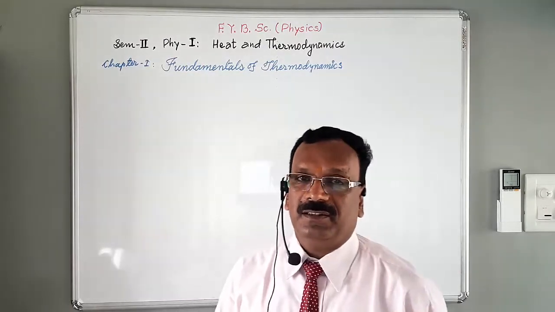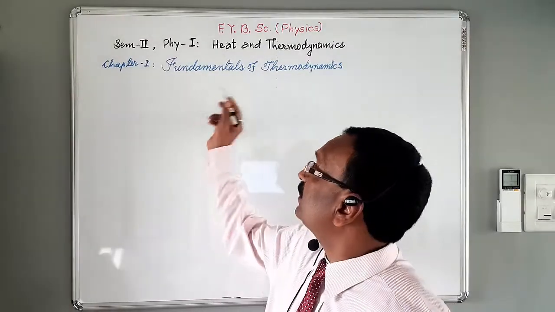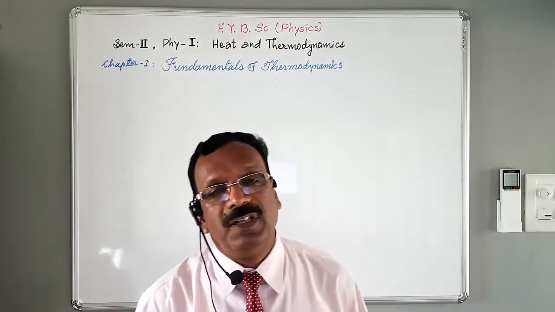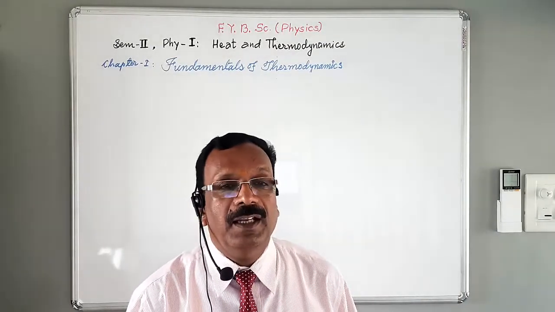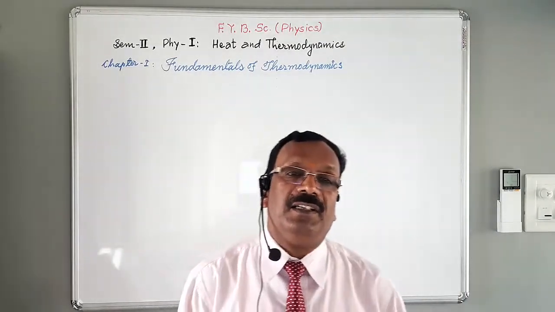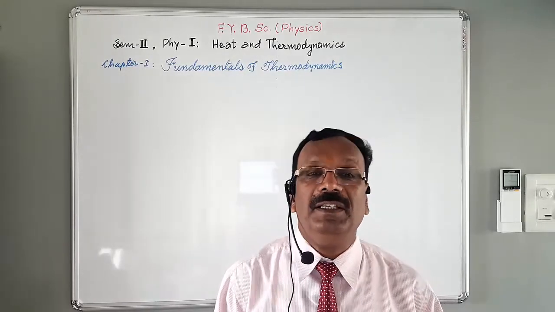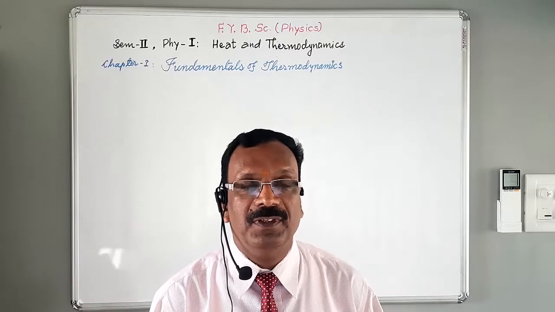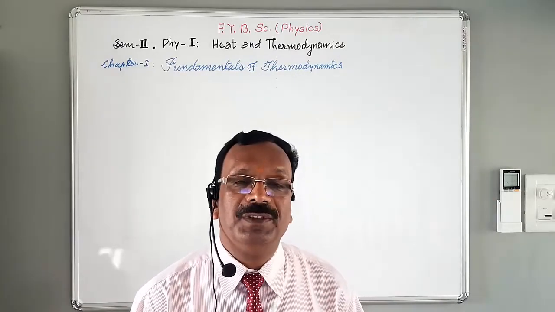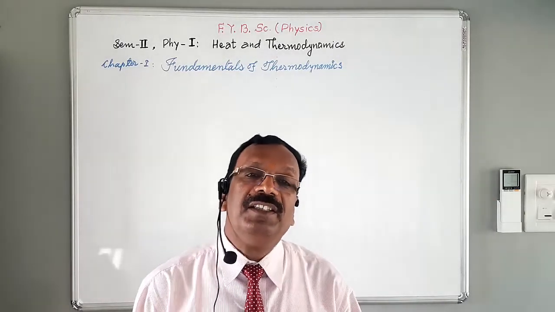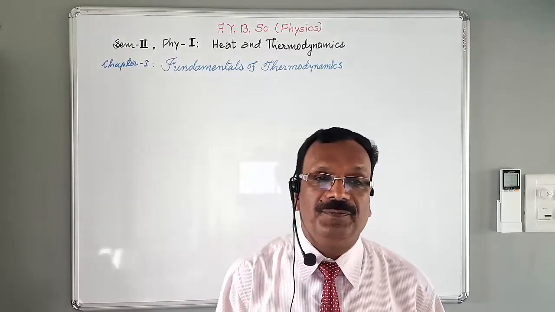This is the last lecture of the first chapter, Fundamentals of Thermodynamics, and in this lecture we are going to solve some remaining important problems, because a few of the problems we already studied in the previous lecture.